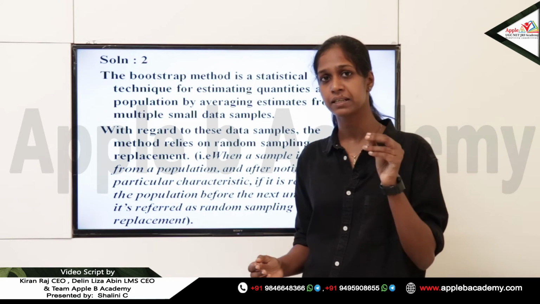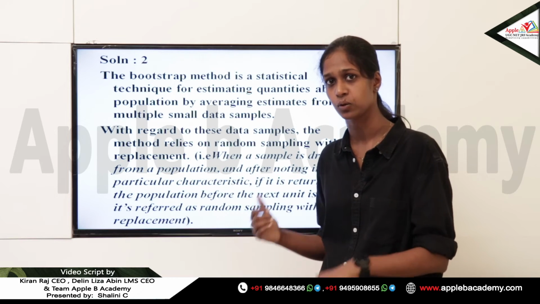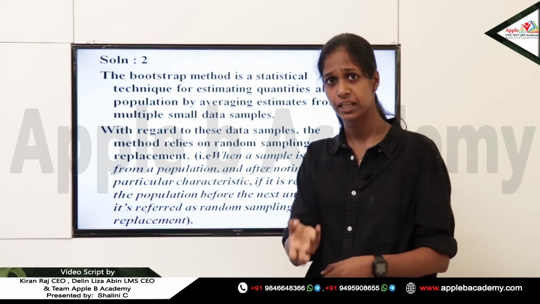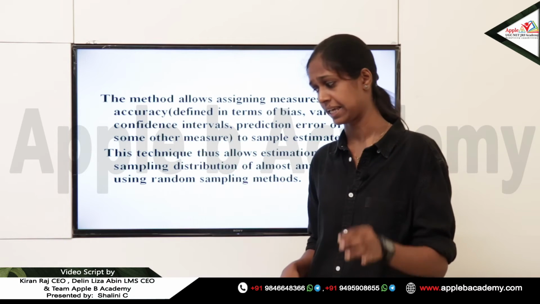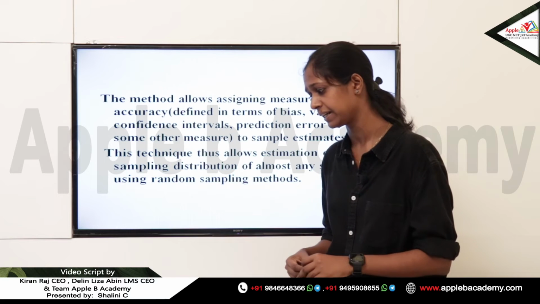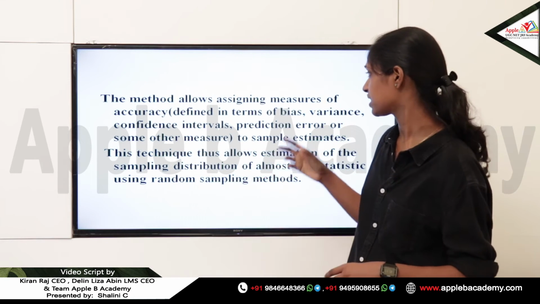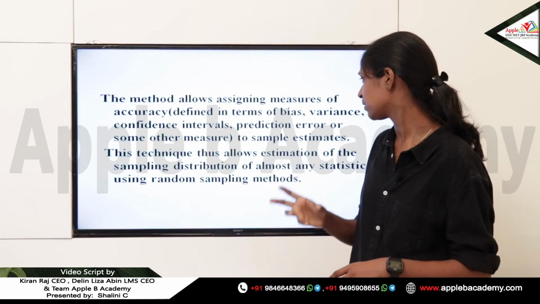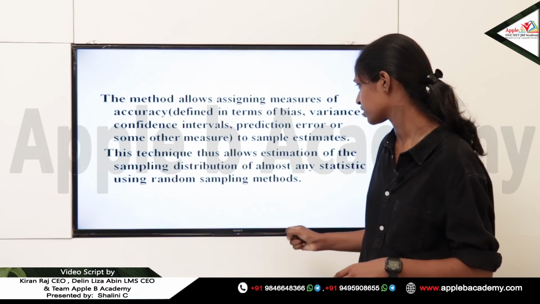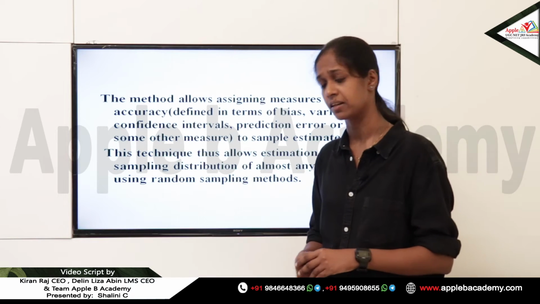That's basically what is meant by random sampling with replacement. So in a bootstrapping technique, when you take a sample from a population, you rely on this method. You actually replace the data sample that you took to study. This method assigns measures of accuracy defined in terms of bias, variance, confidence intervals, prediction error, or some other measure to the sample estimates. And this technique allows the estimation of the sampling distribution of almost any statistic using random sampling methods.